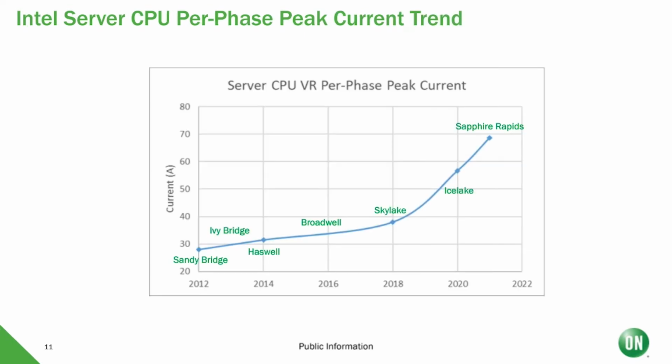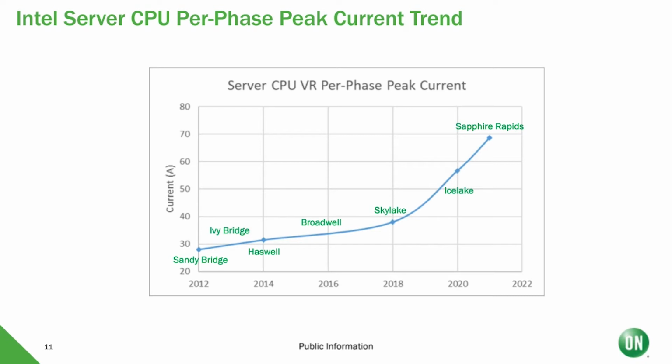Okay, so this is a similar diagram to what I showed earlier, but it's looking at the per phase current that needs to be supported instead of just the total current. So very similar trend, where we stay somewhat flat for the first few years, and then we see an exponential increase.